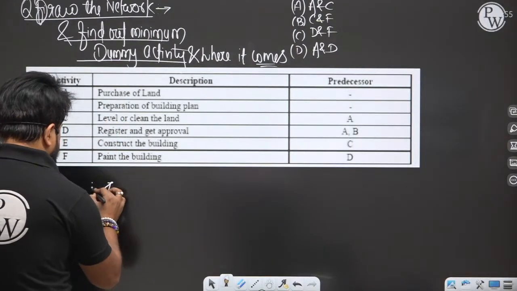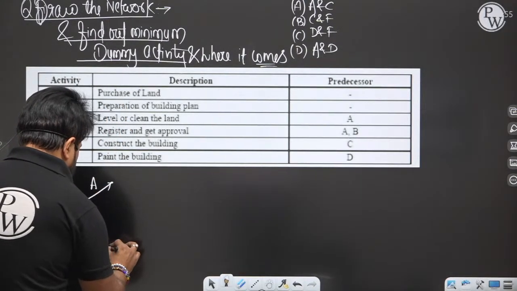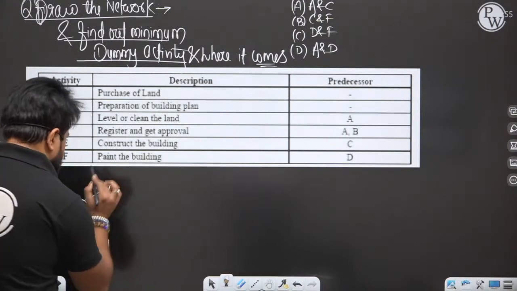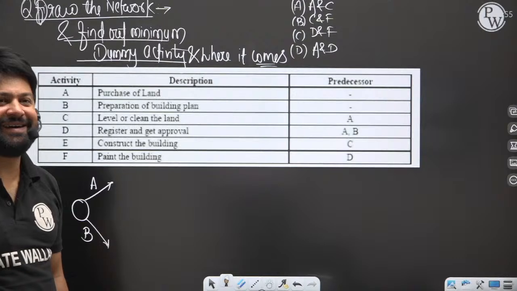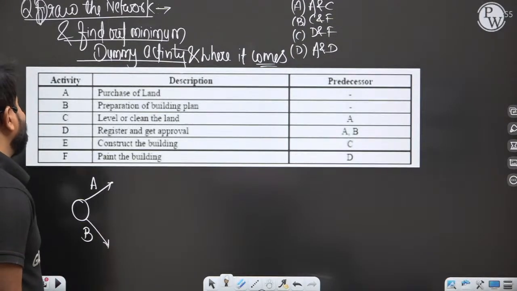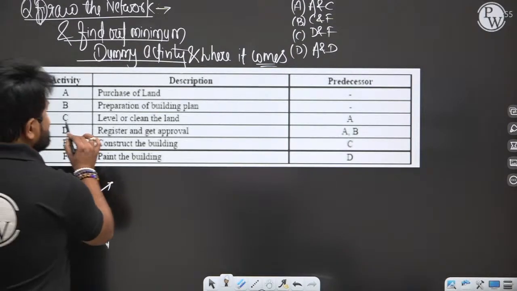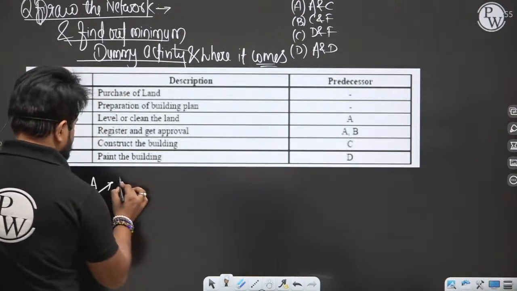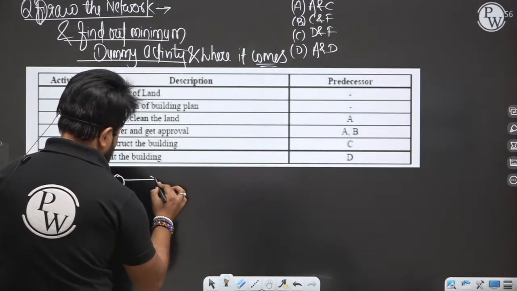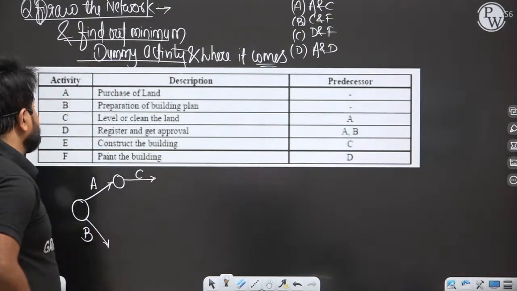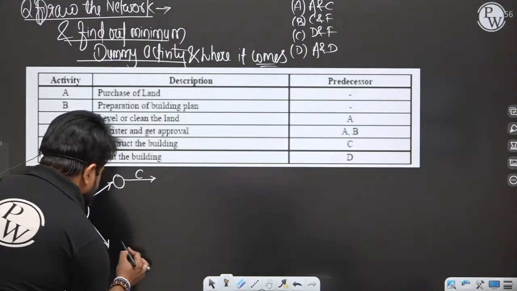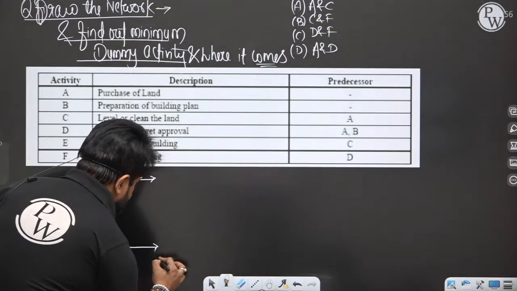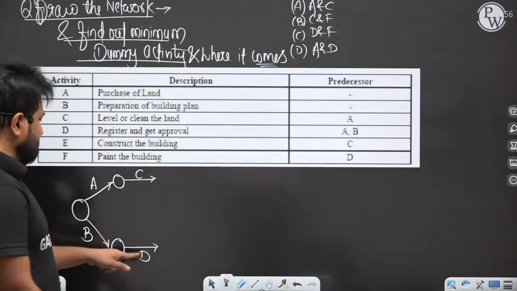This is A. This is B. Right? Now, C has a preceder of what? A. This is activity C. D has a preceder of A and B.